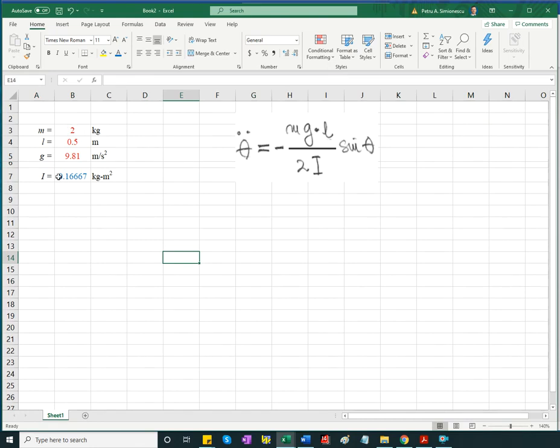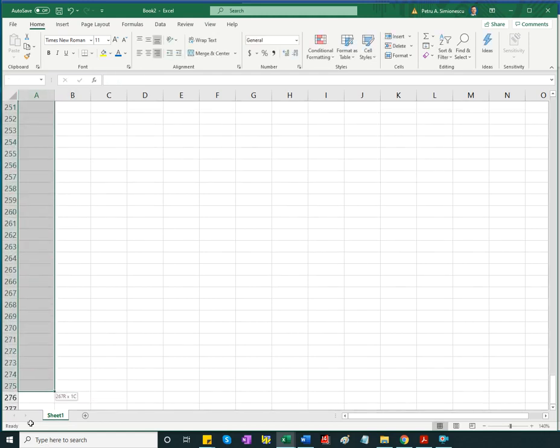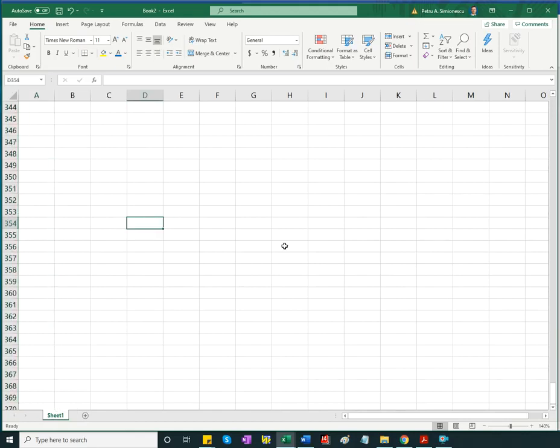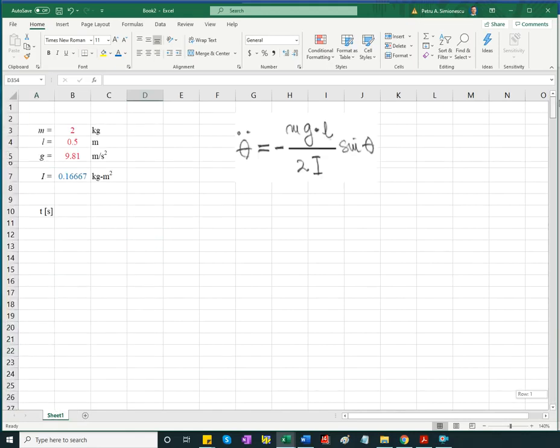So I have the input values, I have the calculated moment of inertia, and now this will be the column for T. I can even say units, so it'll be seconds. It doesn't matter of aligning, so I center, but then move these back, justify right.